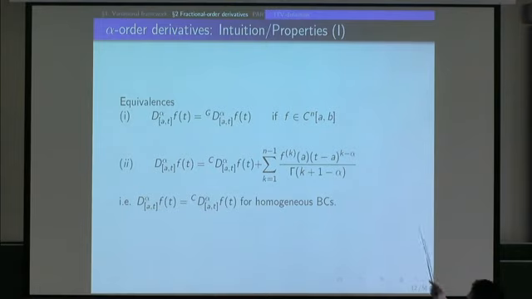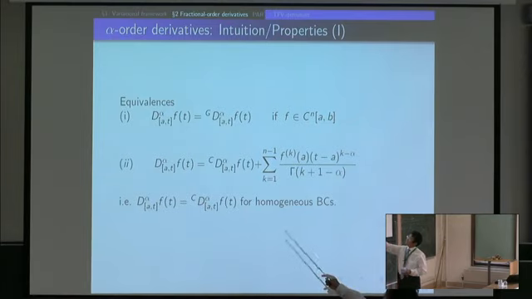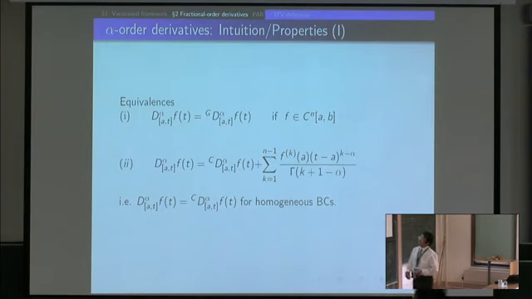First of all, for a very smooth function, remember alpha is between n-1 and n. If f is this much continuously differentiable, then the one without superscript, the Riemann-Liouville, equals the GL derivative. They are equivalent. And for slightly less smooth f, from C n-1, the RL and the Caputo derivatives differ by this much.